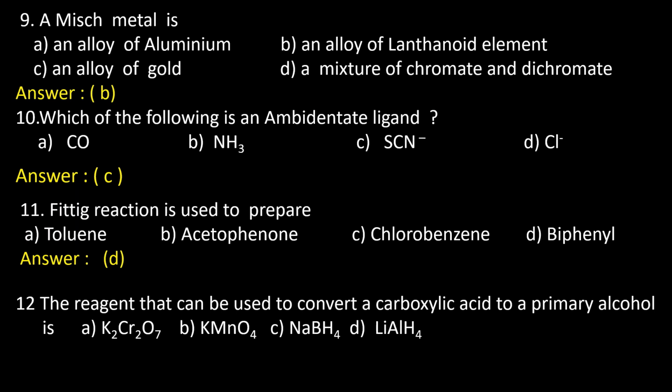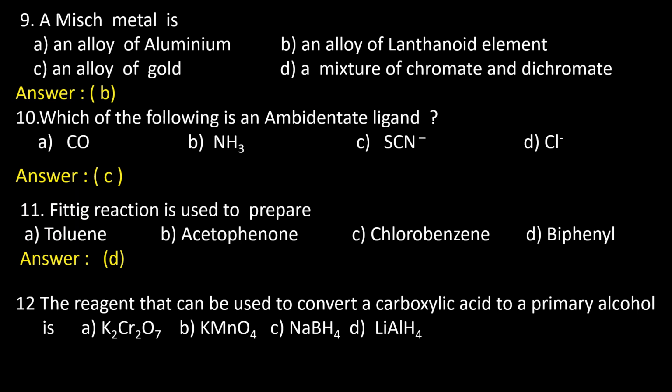Question number 12. The reagent that can be used to convert a carboxylic acid to a primary alcohol is A. K2Cr2O7, B. KMnO4, C. NaBH4, D. LiAlH4. Dear friends, the reagent that can convert carboxylic acid into primary alcohol is the reducing agent, that is lithium aluminum hydride, LiAlH4.